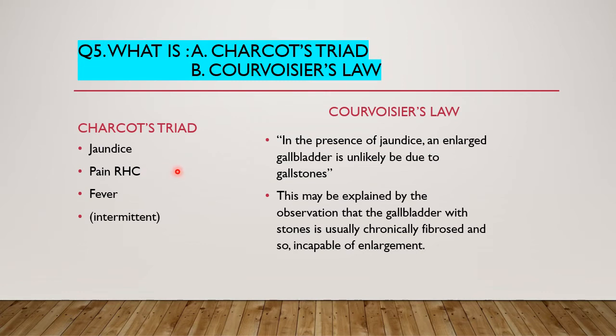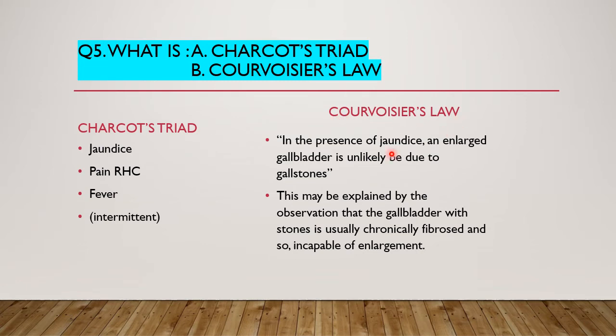Patients with cholangitis may have all these symptoms or at least one of these symptoms. And I must emphasize here, these three symptoms are usually intermittent in nature. They come and go, until the patient can develop sepsis.